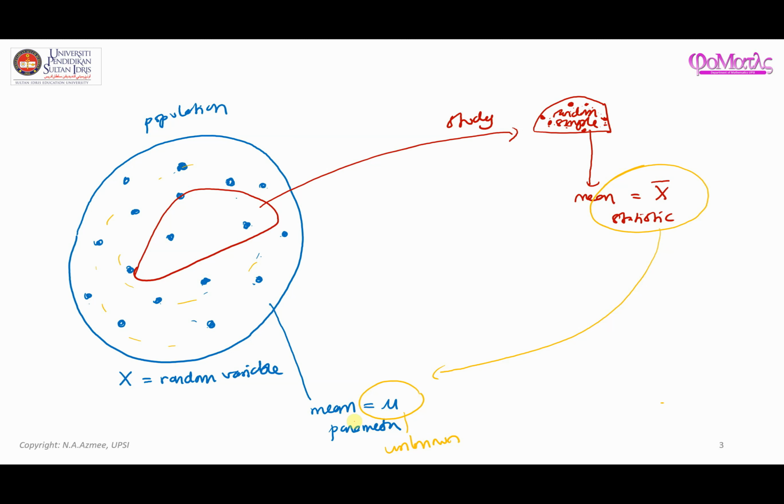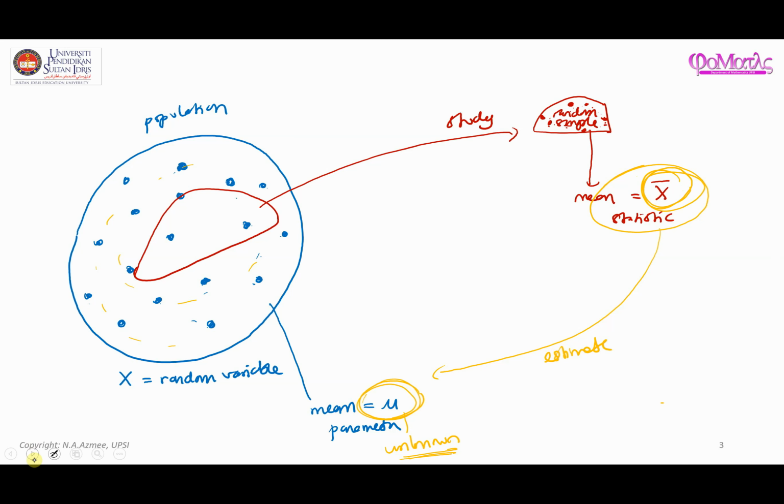So the parameter mu here is usually unknown, and therefore the idea of statistical inference is for you to use the result from the sample to estimate this value, which is unknown. So that's the idea of statistical inference.